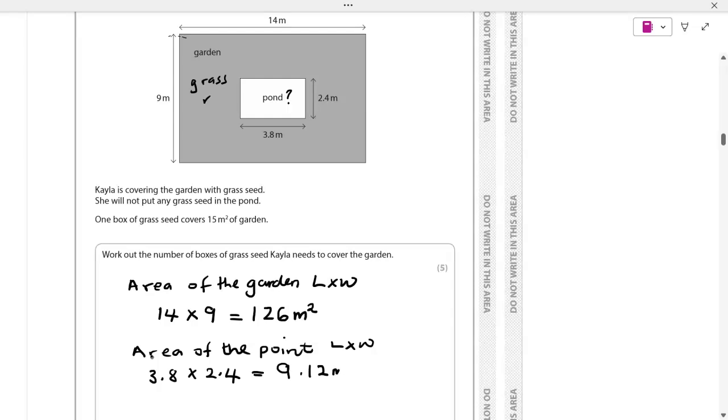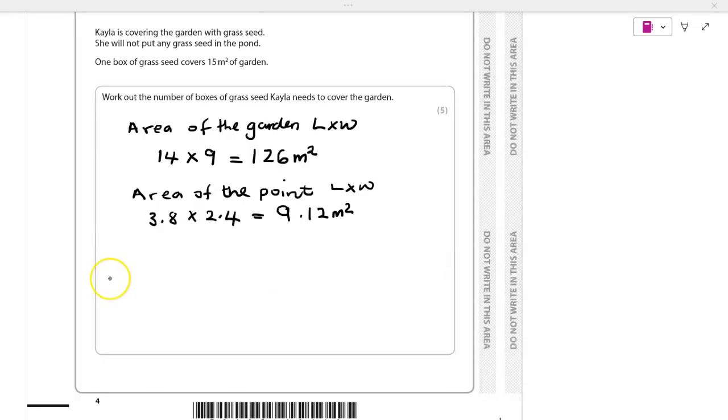9.12 square meters. So to find the area of only the garden, we take away the pond, so we do 126 square meters take away 9.12 square meters.